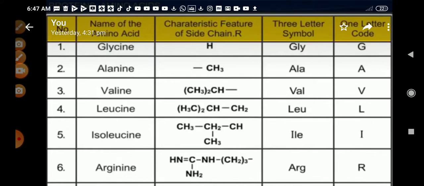Depending upon the side chain, these are of the following types, and each type is given a name with a short symbol for each amino acid, using 3 letters. Like glycine is represented as GLY, alanine is represented as ALA, and so on.